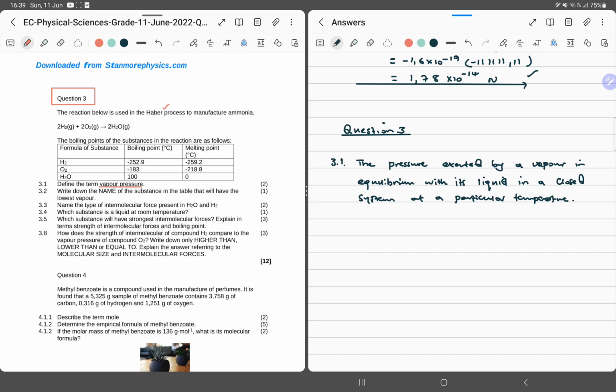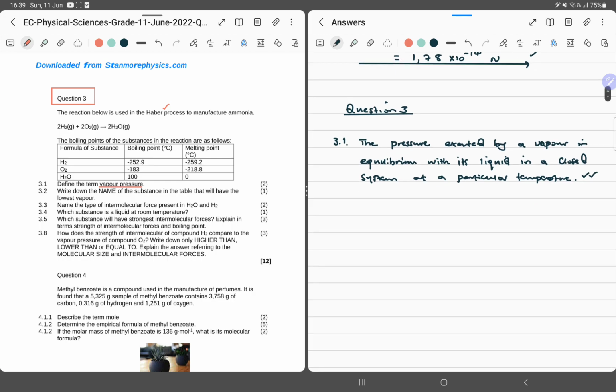Okay, because remember, the vapor pressure varies according to the temperature at which this is happening. At the same time, it has to be a closed system, because if something escapes, then we can't measure. Right, and this thing, therefore, should be in some kind of equilibrium. So please make sure these definitions are as complete as possible and as scientific as possible. Don't take too many shortcuts that leave out pretty important statements.